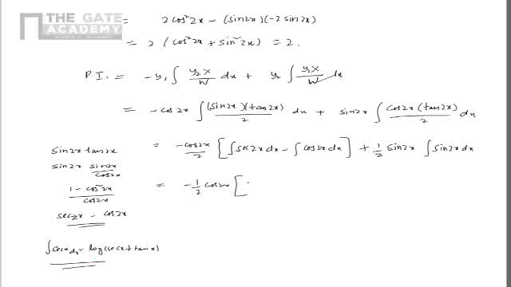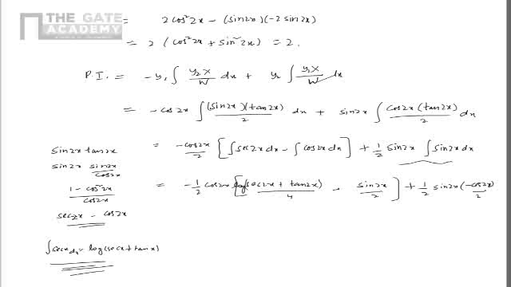Integral secant 2x is log of secant 2x plus tan 2x by the internal derivative, which is 2. And integral cos 2x is sin 2x by 2. And now this part will be half sin 2x, and now integral of sin 2x is minus cos 2x by 2.